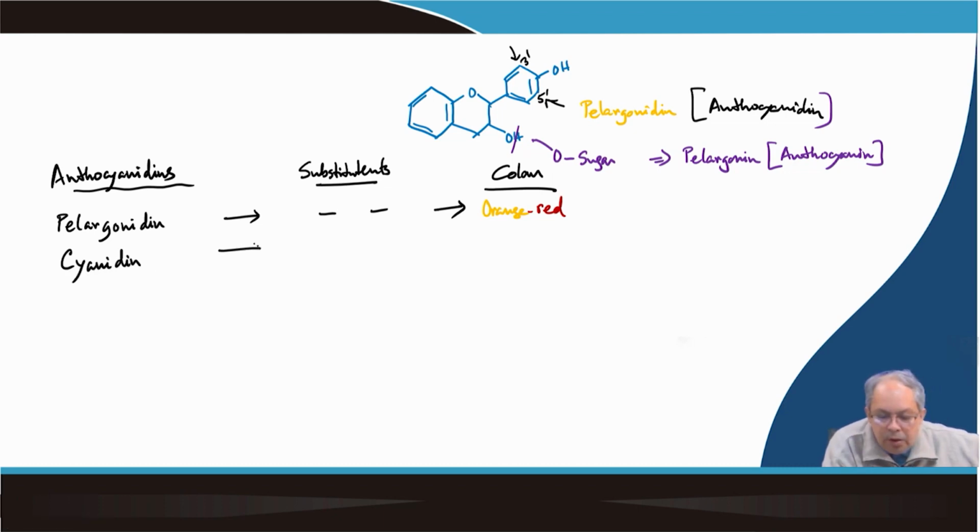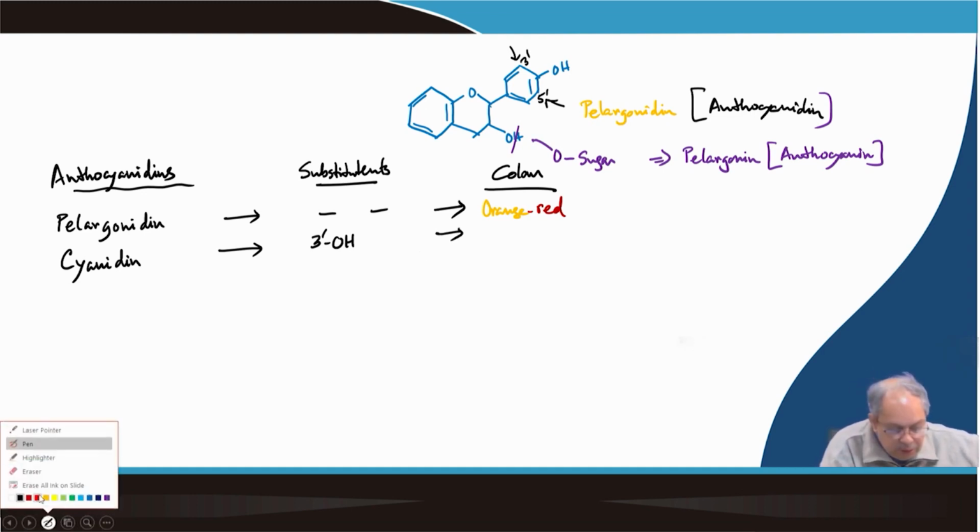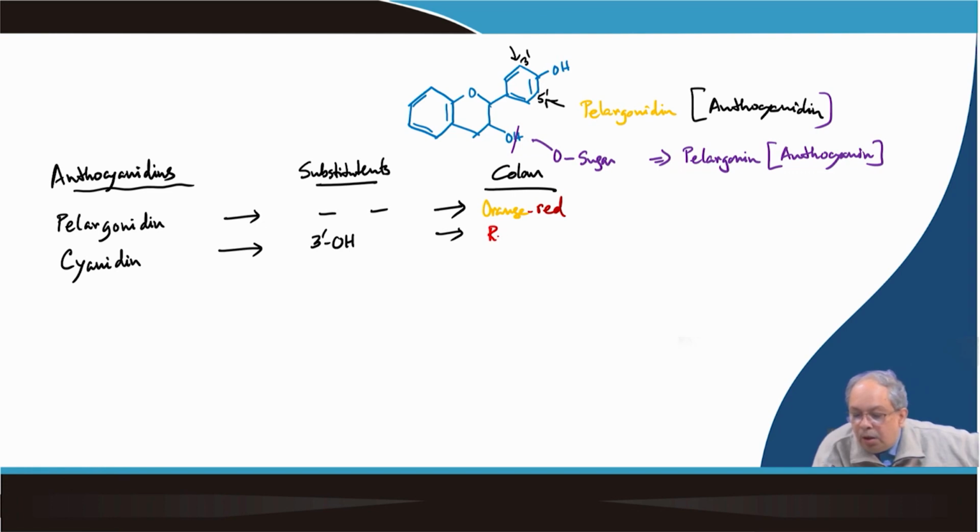Next one is cyanidin. Cyanidin has 3 prime OH and the color will be red.